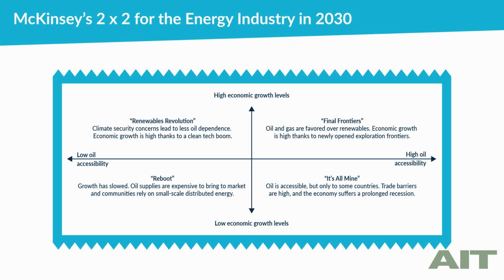The bottom right-hand corner is called All Mine. This is the world of low economic growth but high access to oil, where you're going to have many trade barriers, a lot more nationalism and protectionism economically. The bottom left-hand corner is called Reboot. So low access to oil, low economic growth. This is where growth has slowed considerably, a very different world situation that McKinsey look at.